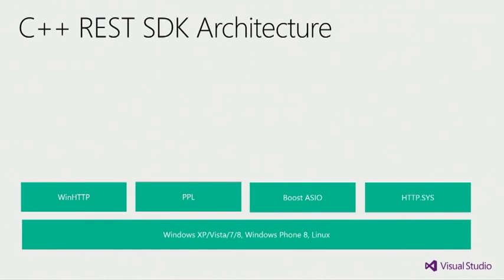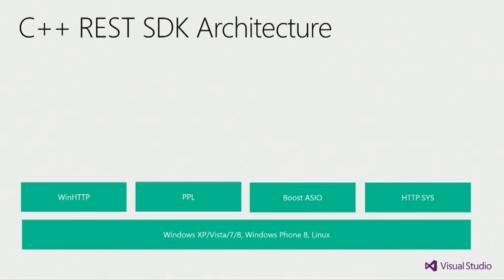Anyway, just to do a quick overview of how Casablanca is built. There's operating system services underneath, of course: Windows XP and forward, Windows Phone, Linux, and then we're relying on a couple of different lower-level stacks. WinHTTP is a C HTTP client stack for Windows 7, Windows 8 desktop, so also on XP and the server SKUs.